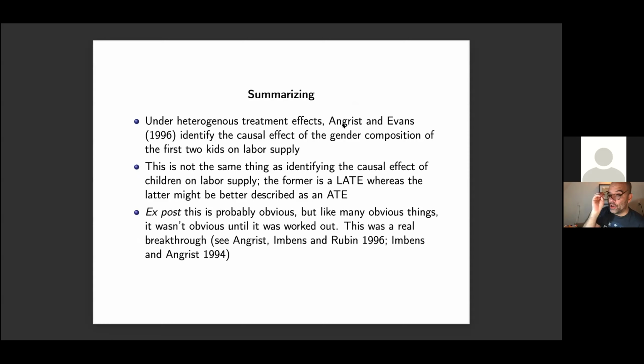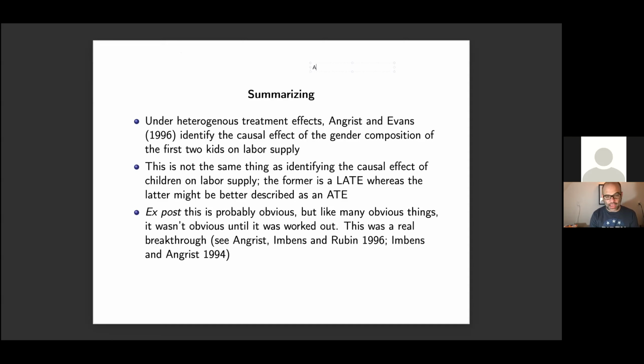I can imagine, though, that's really important for macro questions, because it could inform various kinds of policies, tax subsidies for kids and things like that. But Angrist and Evans basically show that, if you have a third child, then using IV, you'll work less. But it's not really estimating the effect of the third child.